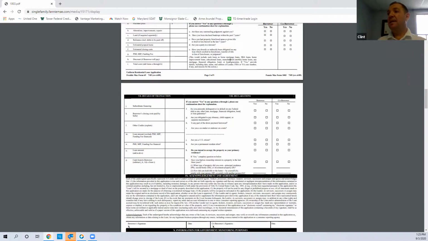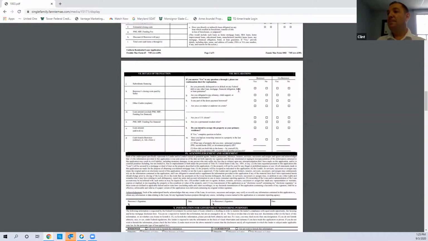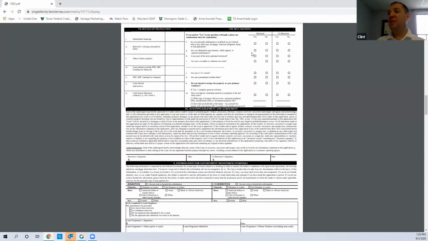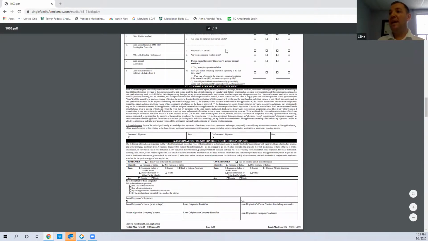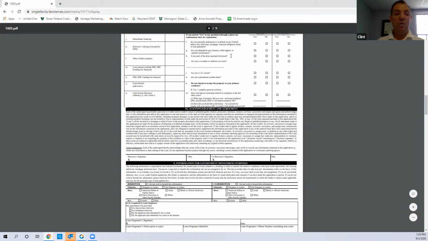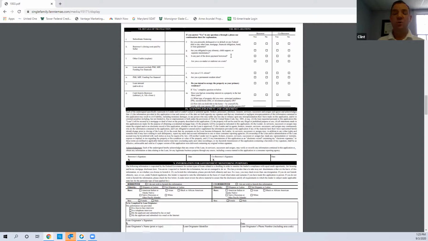And then again, I'll ask if you've ever been a party to a lawsuit. That's important because it could stem from child support, alimony, things like that. And again, I'll just continue to go down. Usually the alimony and child support has already been covered. And then again, we ask about whether or not you have endorsed another note, that you're a co-signer on a property that you might not be on title.